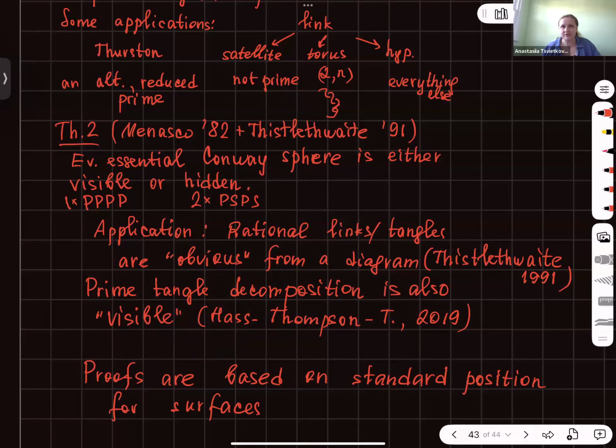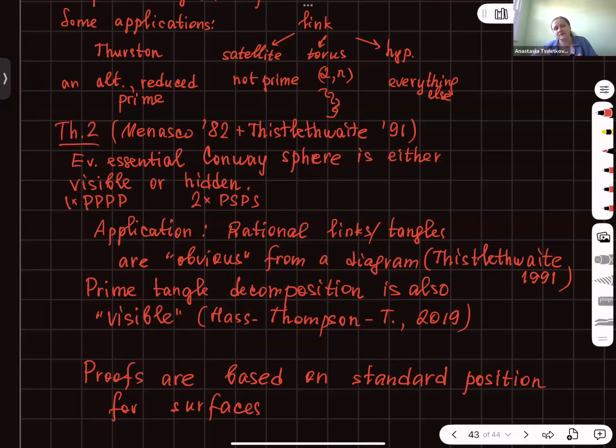And this standard position is a method that was developed in Menasco's work back in his thesis. And really, very basically, what it means is that the surface is transverse to a projection surface.